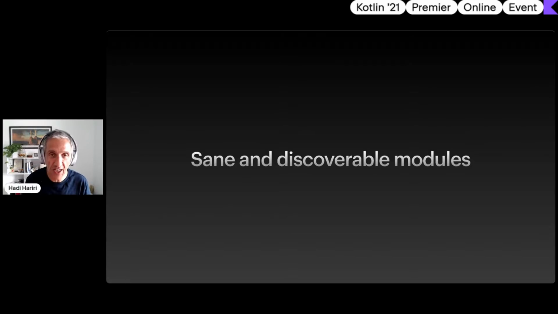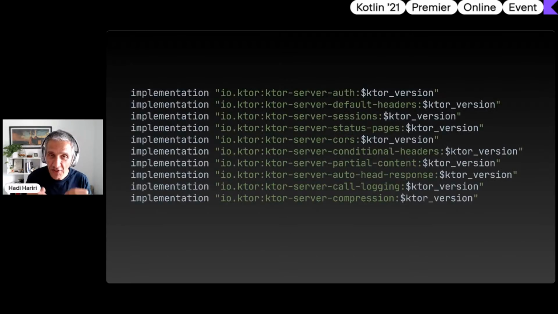And essentially, this means that you have to add a whole bunch more modules to your Gradle or to your Maven application build file, but it does kind of isolate things exactly as they're meant to be, and it makes it more discoverable. So if I want partial content, you know that most likely I need to include some package that is called partial content, module of partial content.